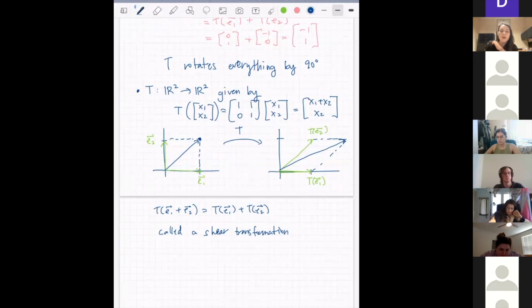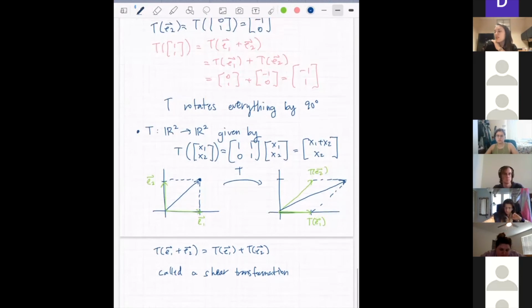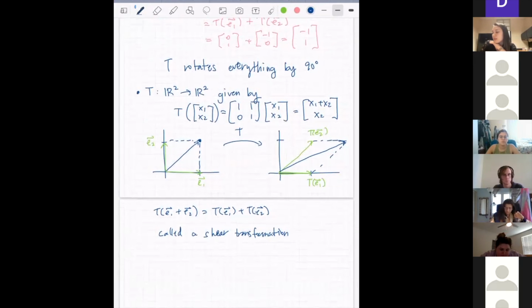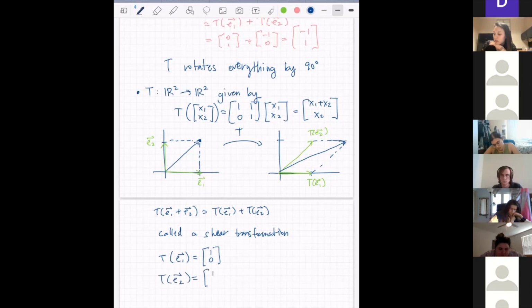Cool. So one thing to notice is that, let's just focus on this example here. I didn't write this down, but T of E1 is 1, 0, and T of E2 is 1, 1, right?